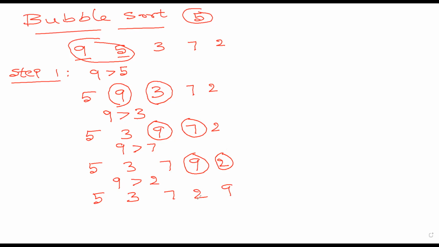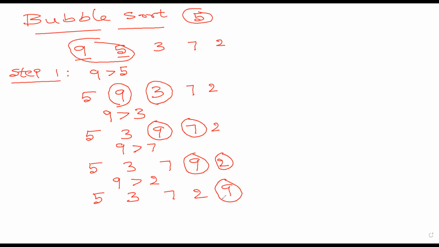No more elements are left out, that is, we have considered up to the n minus 1 position. So we conclude our step 1 at this point. At the end of step 1, what we observe is that the highest element, the maximum element, reached its position.